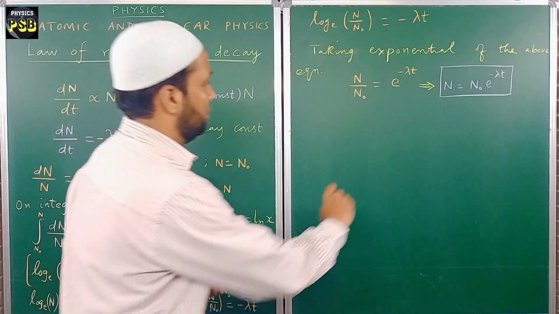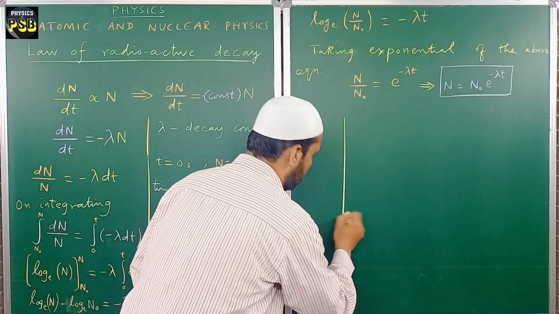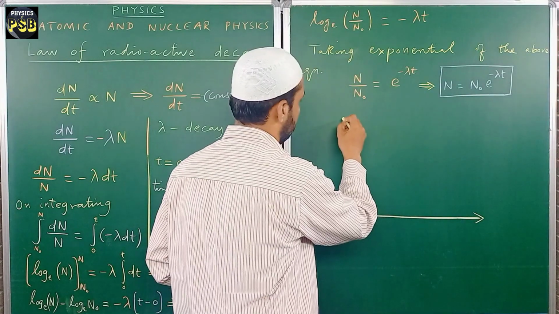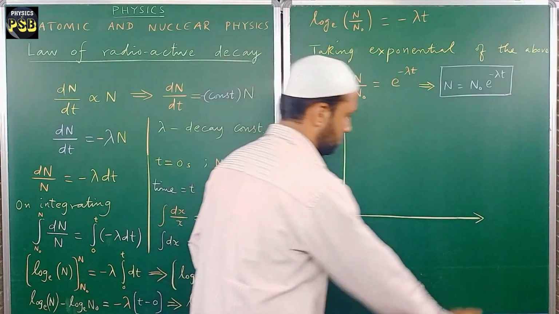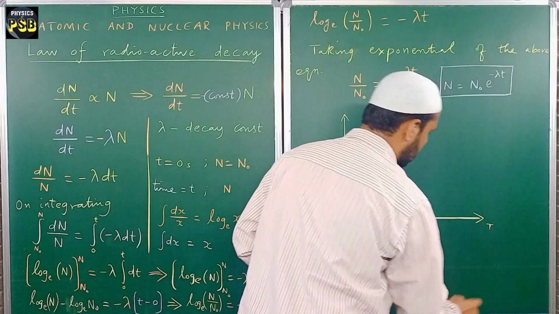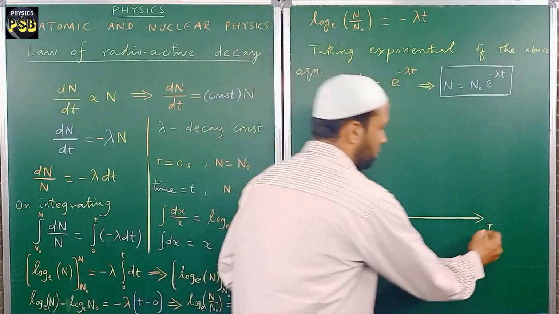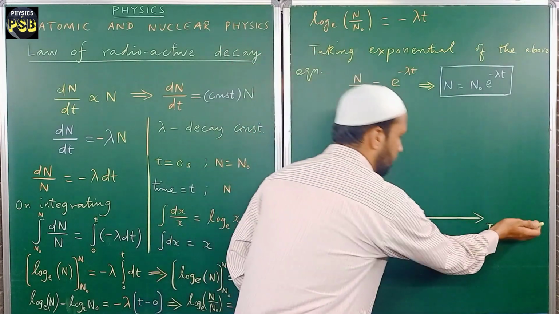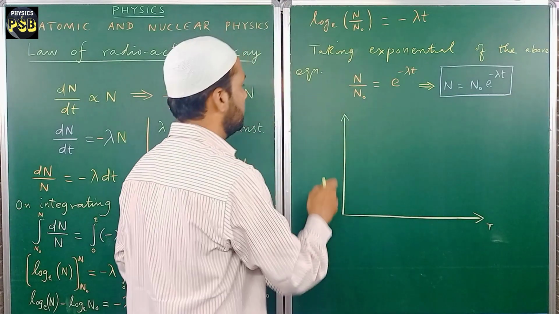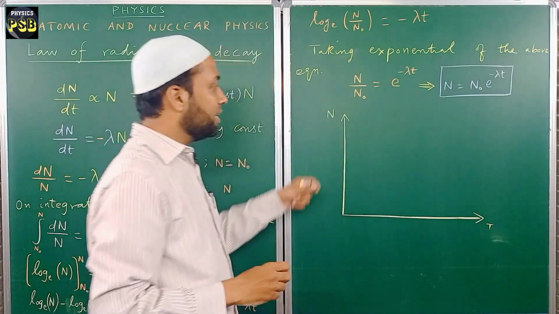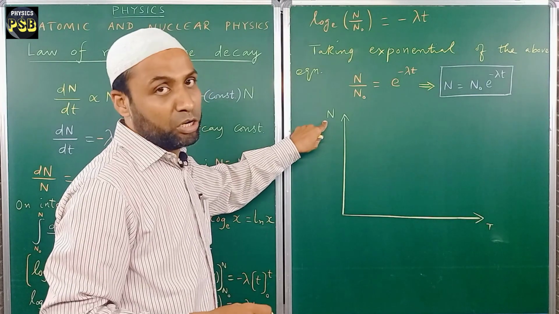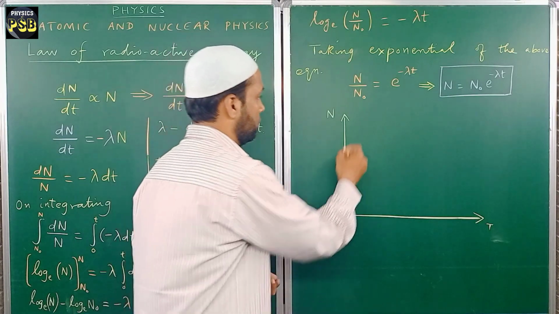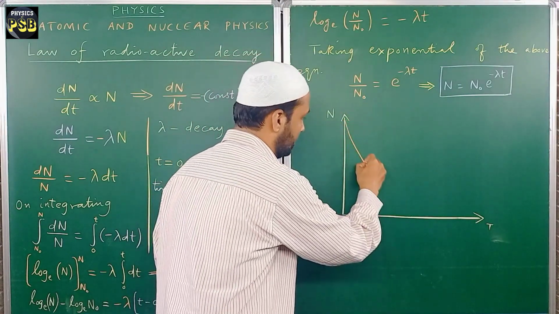Okay, I will draw a graph here by taking time period, half-life, along the x-axis, and number of undecayed particles or number of undecayed nuclei along the y-axis. By doing so, the graph obtained is something like this.